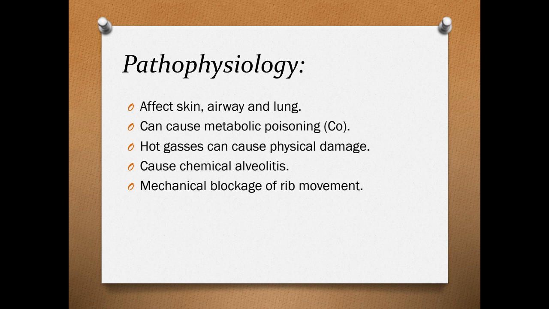It is the gas which leads to death in fires and burns which happen in closed spaces. Hot gases also can cause physical damage to the airway and the bronchi, and also can cause chemical alveolitis, and there is also the effect of mechanical blockage of rib movement. All these contribute to the clinical picture and the patient morbidity and mortality.